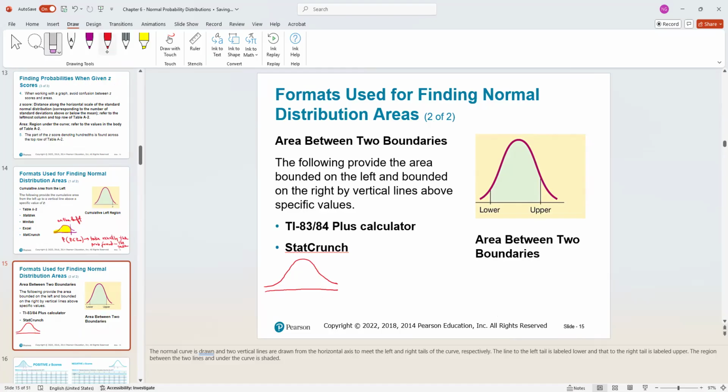This line that separates what you want from what you don't want, we call it the critical value. So let's say this is the right.